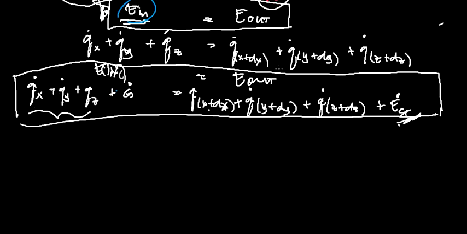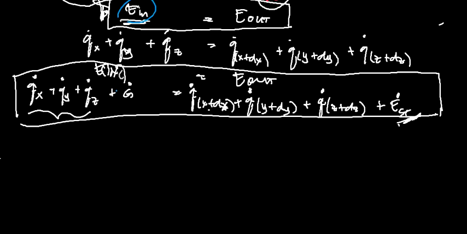Once again, let us always remember that this balance on this element is expressed during a small time interval. That is why we have this dot symbol, to express that it is on a rate basis.